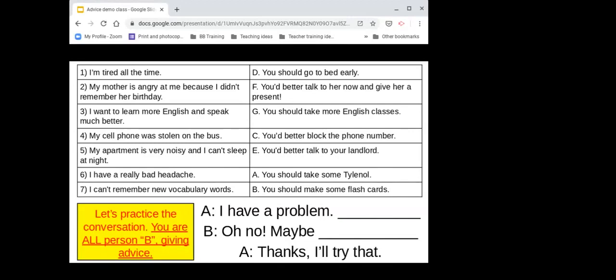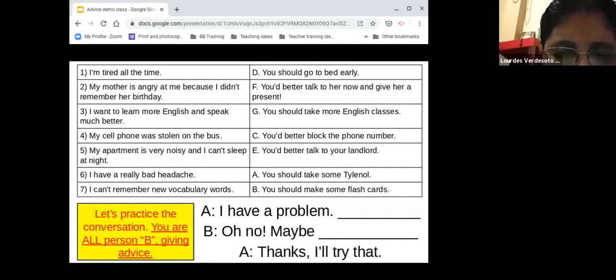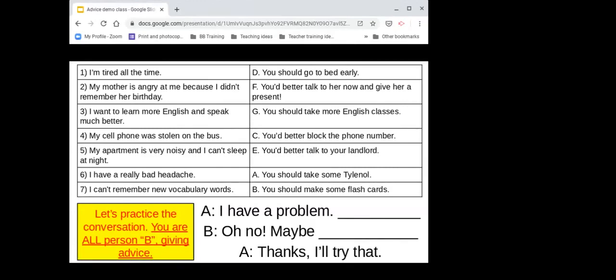Okay, let's do number 2. I am A. Everyone in the class is person B. Number 2. I have a problem. My mother is angry at me because I didn't remember her birthday. Oh no, maybe you'd better talk to her now and give her a present. Thanks. I'll try that. Very nice.